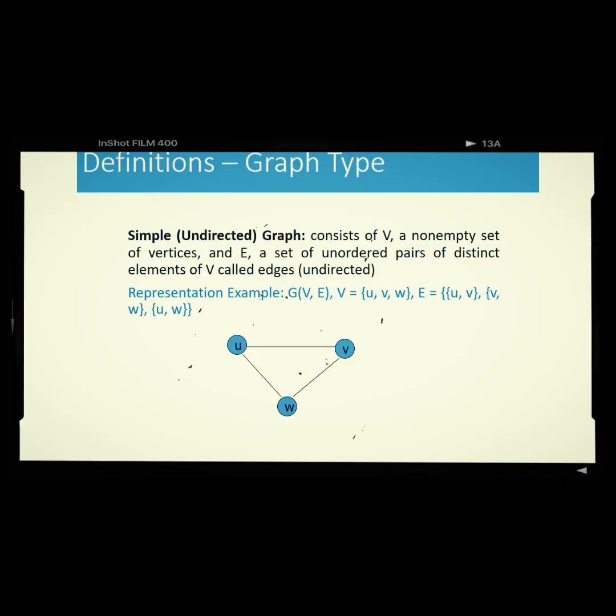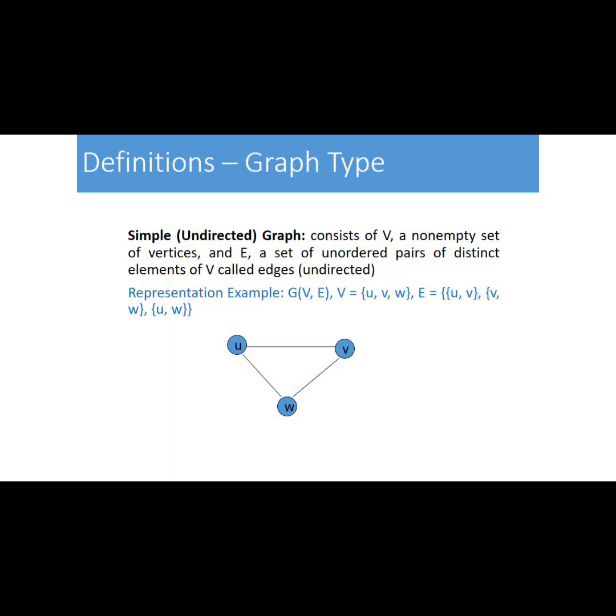Graph types. Let us see the simple graph or undirected graph. It consists of V, a non-empty set of vertices, and E, a set of unordered pairs of distinct elements of V, called edges, that is, undirected. Let us see the example, G of (V, E).